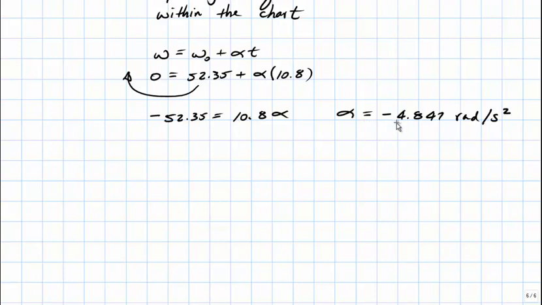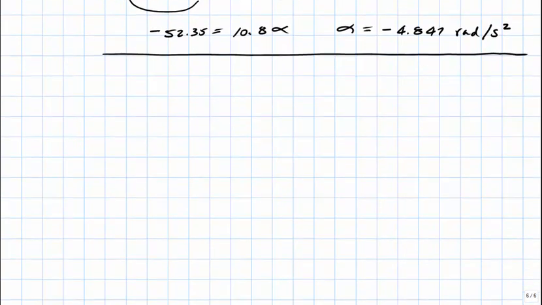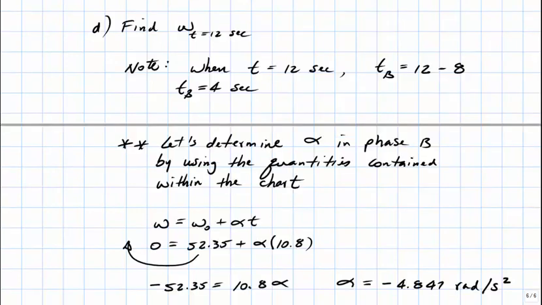Now that alpha is available to us, we can return to part D. So let's recall that in part D, the time equals 4 seconds. The 4 seconds, of course, is the time that corresponds to an overall time of 12 seconds.